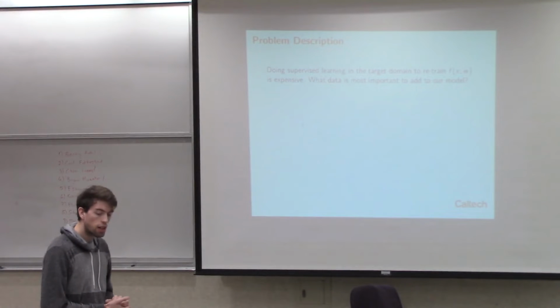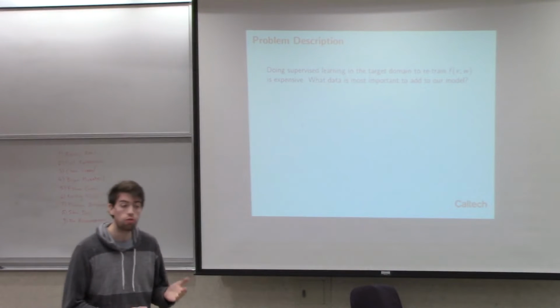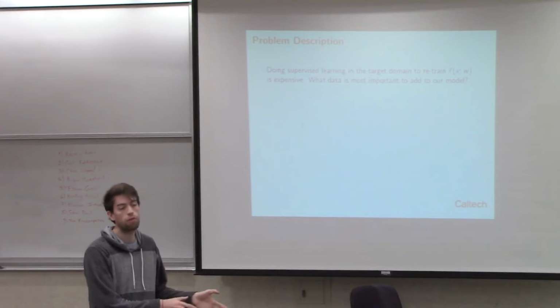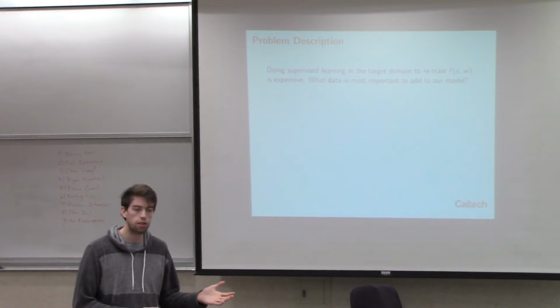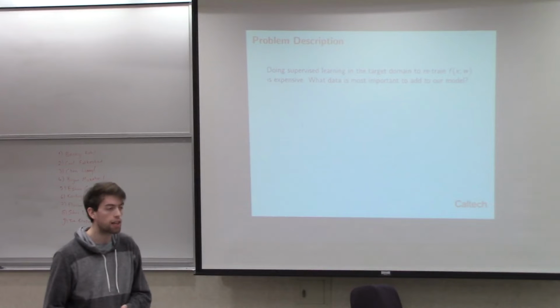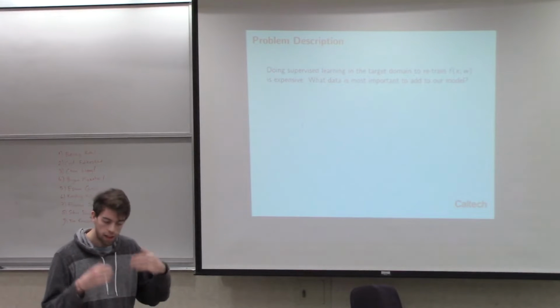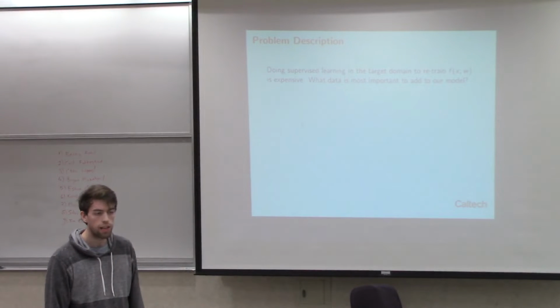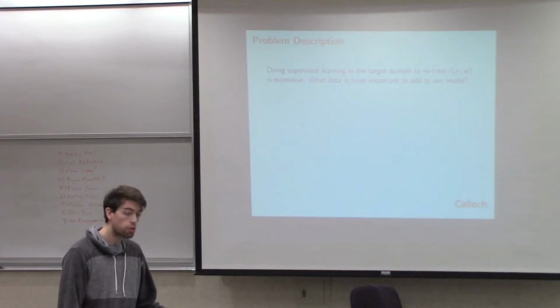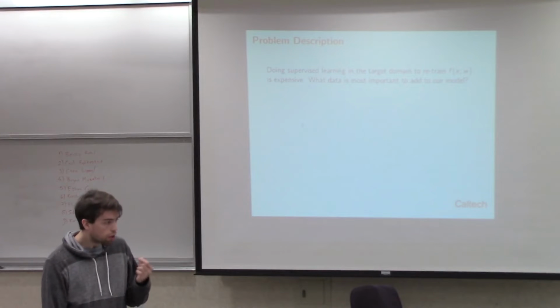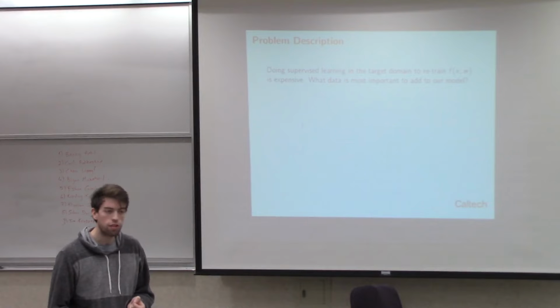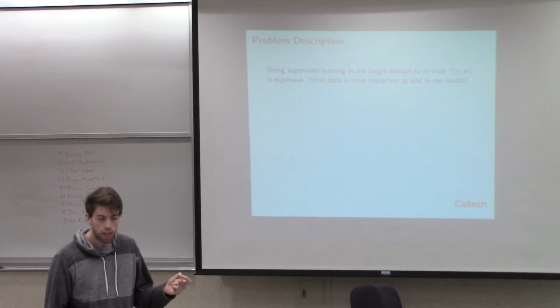A neat thing to do would be, if we had supervised labeled points in our target distribution, to put all the data into one data set and then train the model on that, and then we'd have generalization over both the source and the target domain. We're operating on the assumption that it's expensive to do that, that labeling new points is difficult.